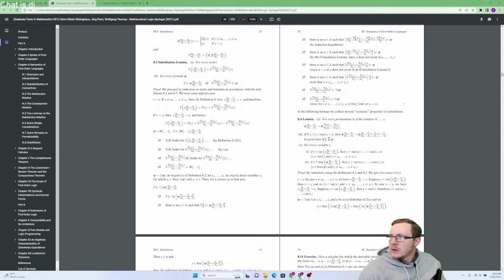Oh, if you remove... yeah, if xi is equal to ti, if the variable is equal to a term already, then substituting is meaningless. I'd write that ti is equal to xi, but whatever floats your boat.